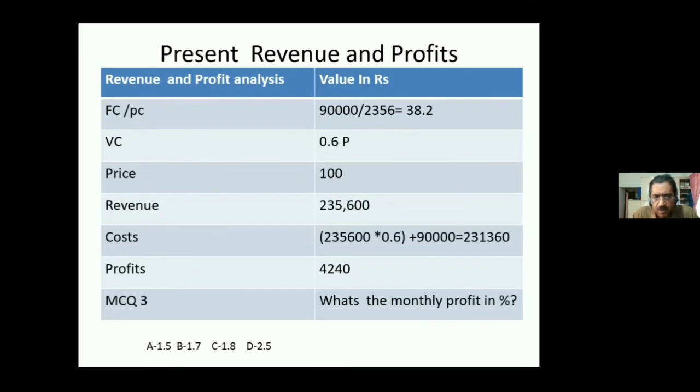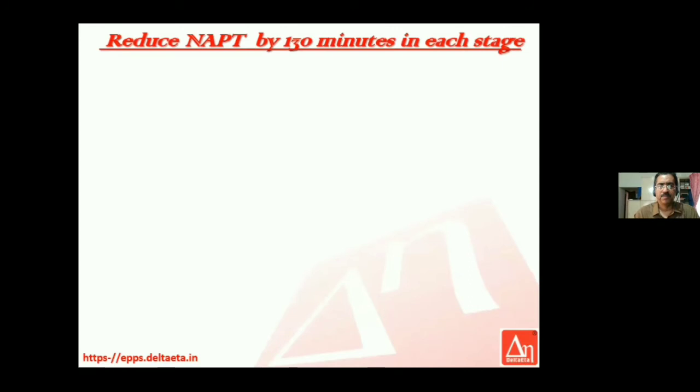So when they are doing 2,380 pieces, they are getting a profit of about 4,240 rupees per month. See, on a turnover of 2,35,000, they make a profit of 4,240, which is roughly 1.8 percent profit.